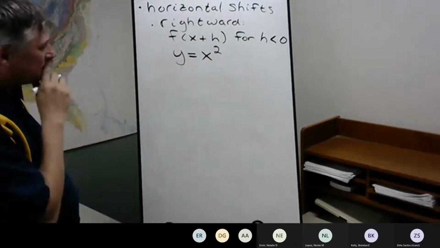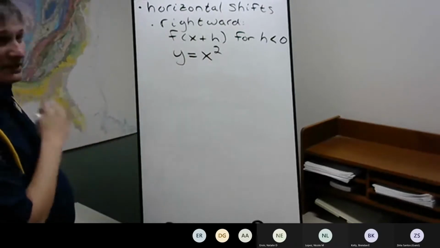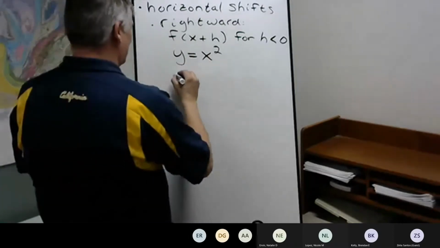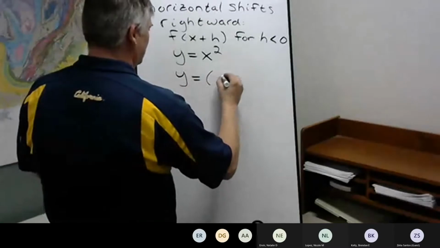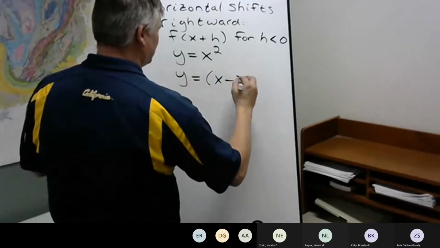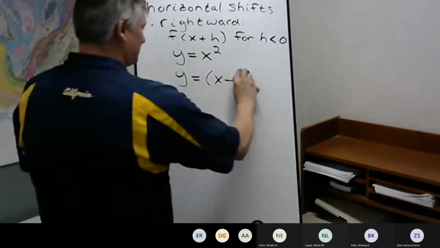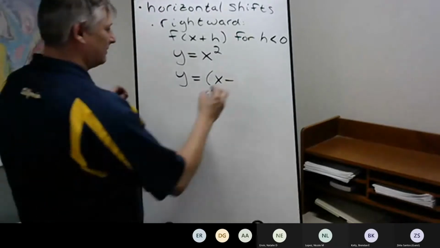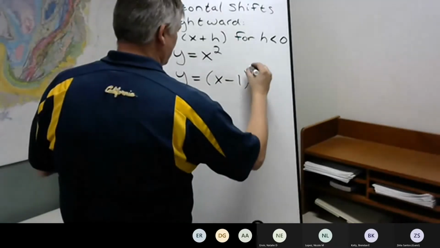Y is x squared. And let's consider y equals x minus 1 squared.